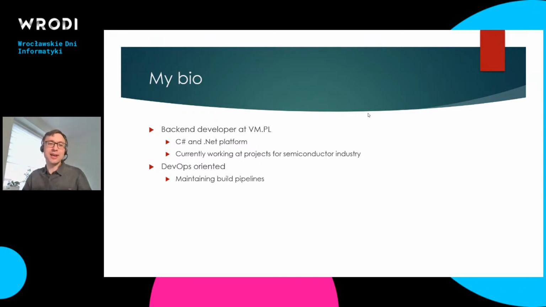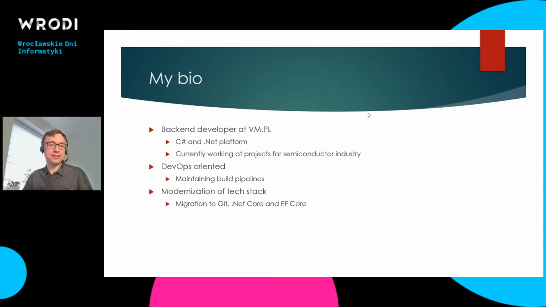As a developer, I am DevOps oriented. So on a daily basis, I do write code, but I'm also maintaining the build pipelines and stuff around this. What also gives me quite a lot of joy is the modernization of the tech stack.